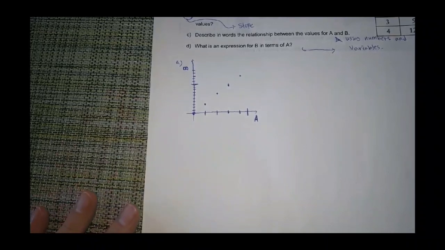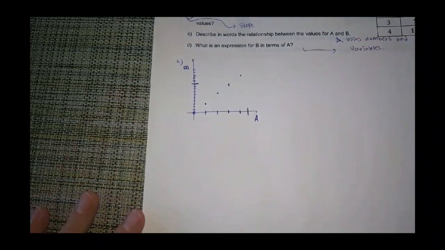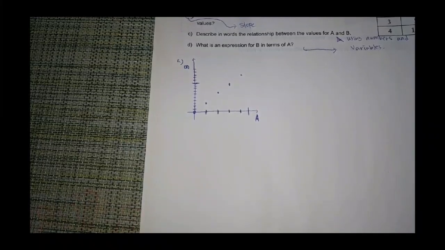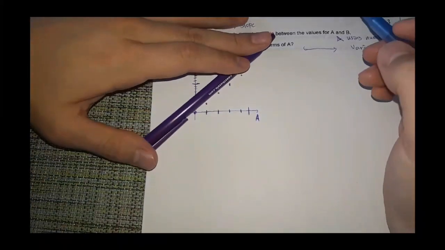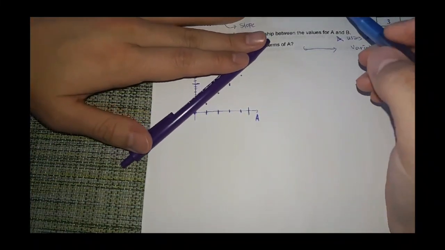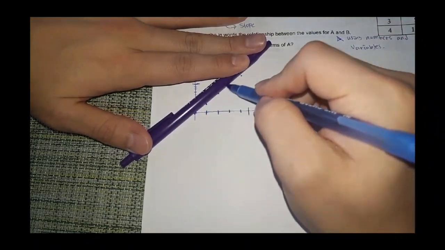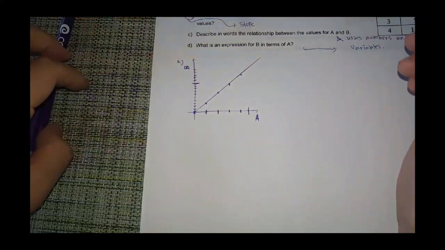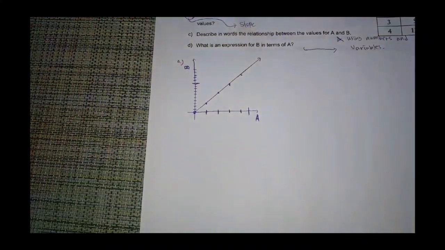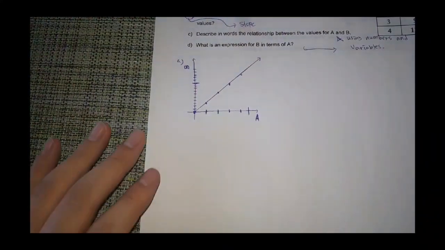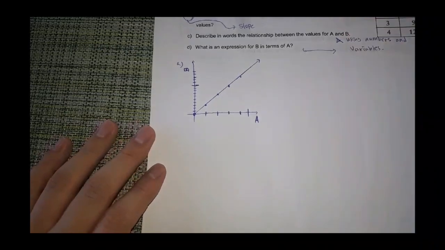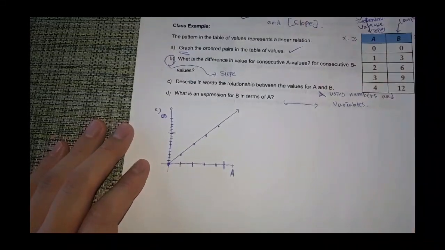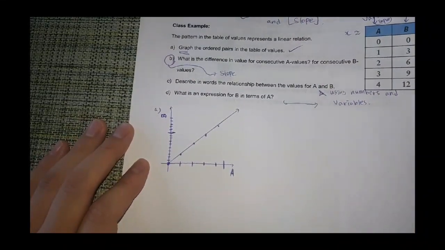We have these coordinates, and I know it is just coordinates that we have. It is a good idea to have a line connected just in order to see the pattern for answering the next question, which is the slope. This is what we have for the answer of A. We graph the ordered pairs using a table.